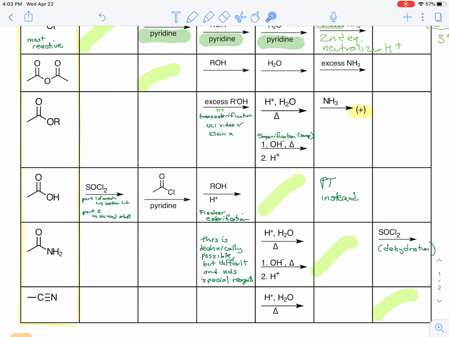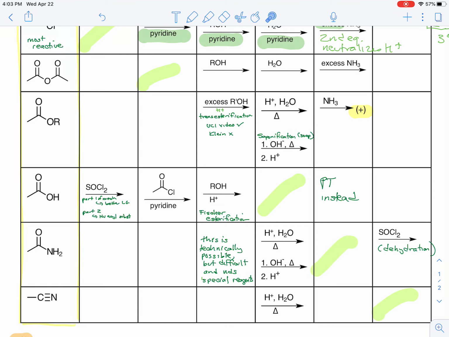We can take an amide and with difficulty, either in acid or in base, hydrolyze it to a carboxylic acid. It's a good thing for us that amides are relatively unreactive, because amides are what the bonds in peptides and proteins are, and if it were easy to hydrolyze those, we'd probably all turn to little puddles of mush.